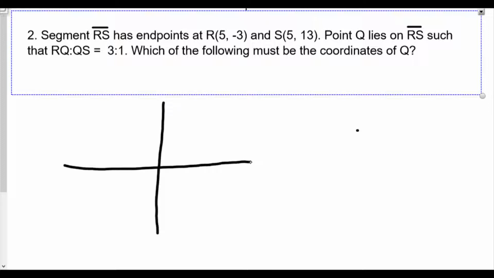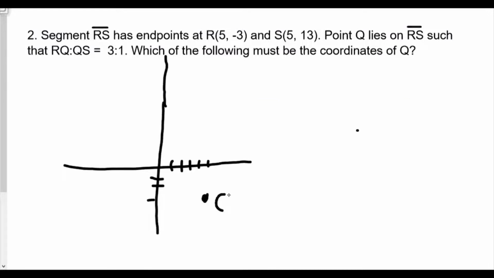We have (5, -3), so I draw this up here, counting 1, 2, 3 down. And 13, counting 1, 2, 3, up to 13, all the way up here, so (5, 13).